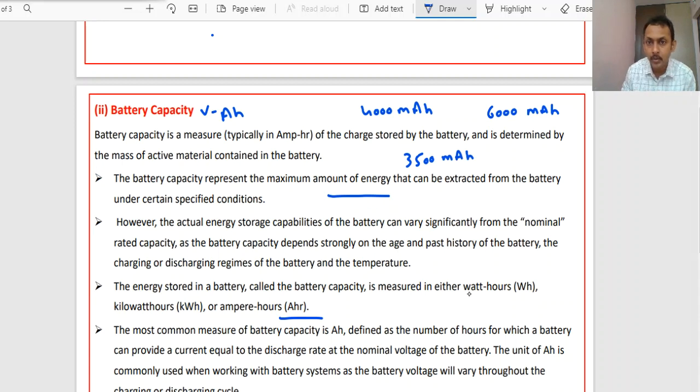For example, if your mobile has a 4000 mAh battery, once it is fully charged, if your mobile is working only for some 10 hours, its meaning is, here there is a battery and you have connected your mobile.